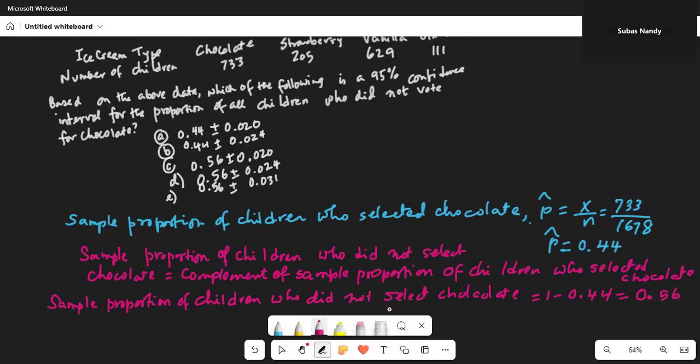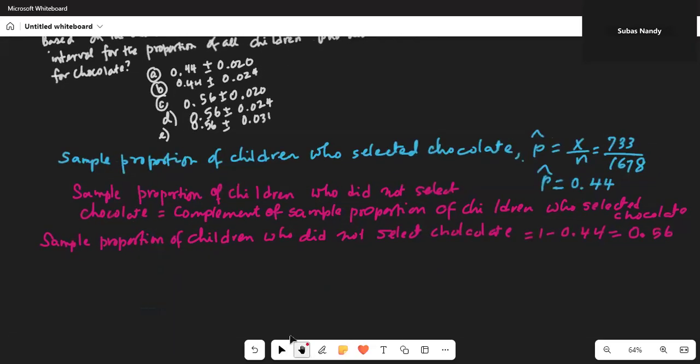Okay, so immediately you can see our answers will be limited to either choice C, choice D, or choice E. So the sample proportion of children who did not select chocolate is 0.56.